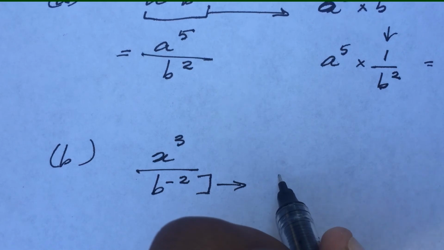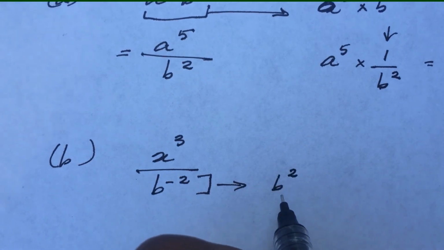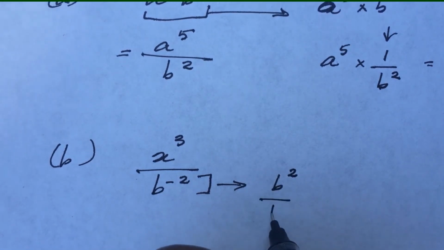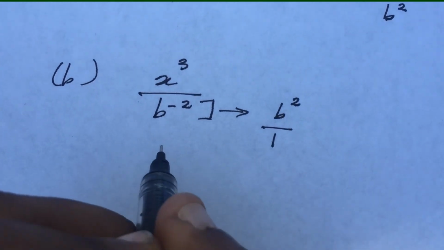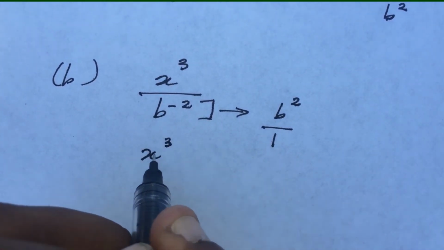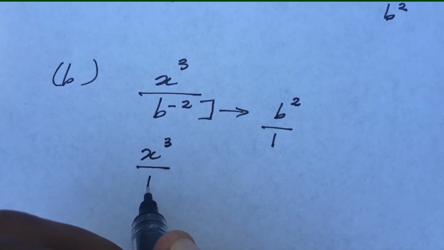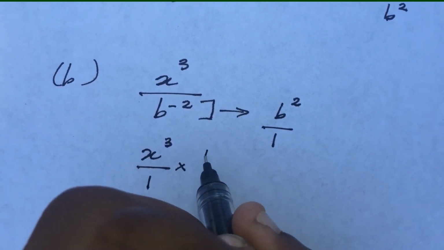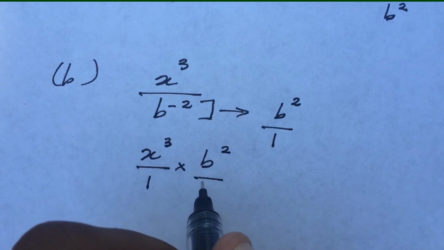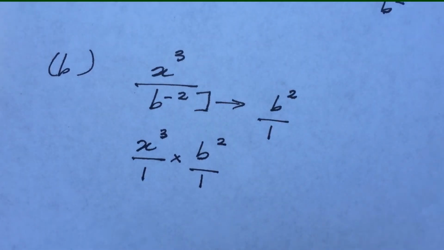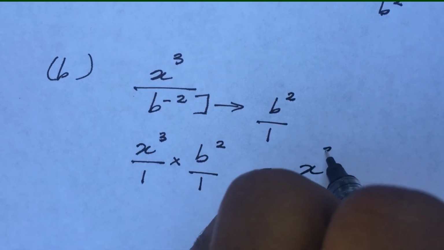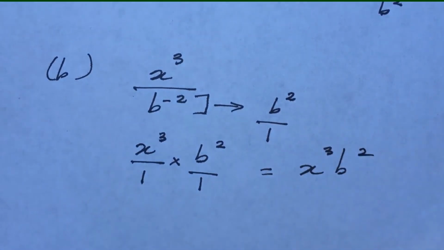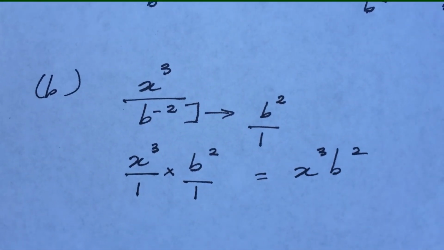So it's going to be b to the positive index this time over 1. So remember now that x to the third is already over 1. And I'm multiplying it now by b squared over 1. Anything over 1 is just that anything. So I'm just going to put them together: x to the third b squared. As easy as that. Easy cheese.